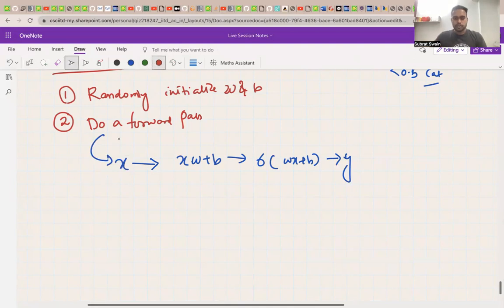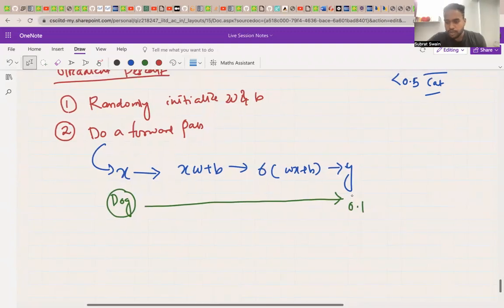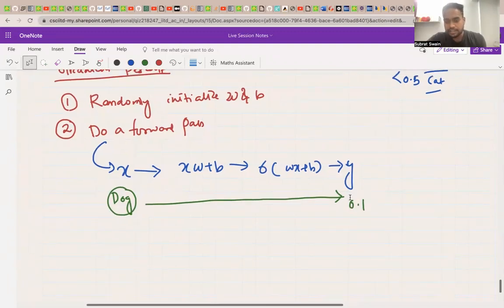So suppose let's say this is an image of a dog, and you passed the image of the dog till the last point, and you got 0.1. So tell me, are we doing it correctly or incorrectly?